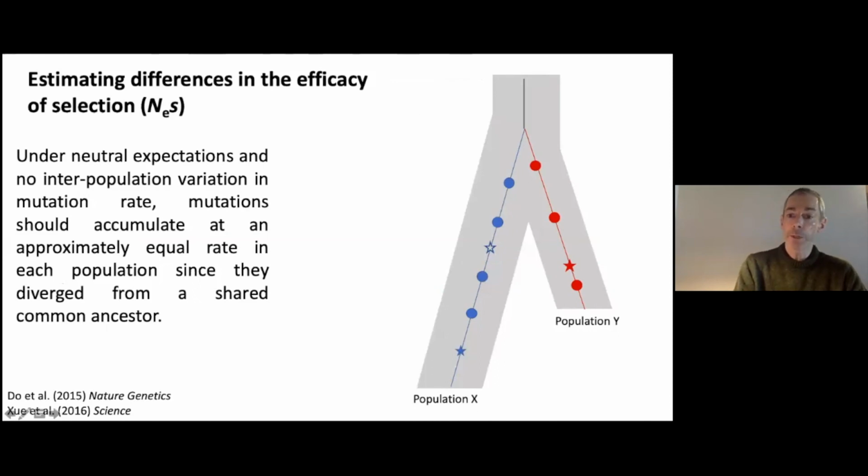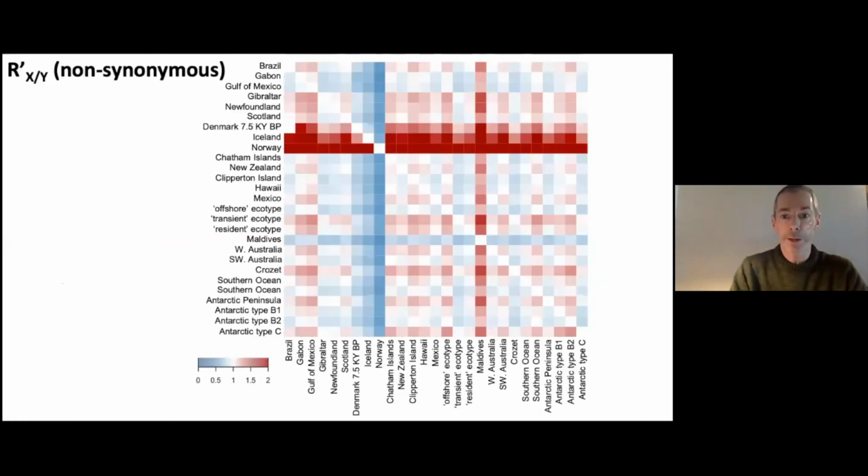And we do a normalization based on the synonymous changes, because of course the branch to the ancient population is going to be shorter. And I must hurry up because I'm getting quite close to the end of my time. But the key take home here is that essentially we see a similar pattern in this ancient sample to what we see in Iceland and Norway.